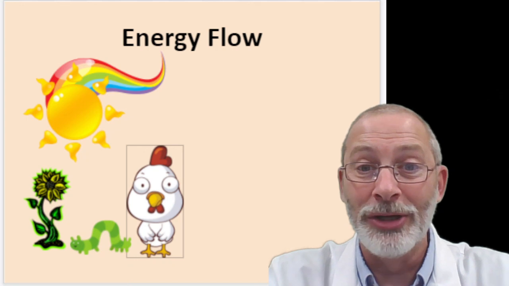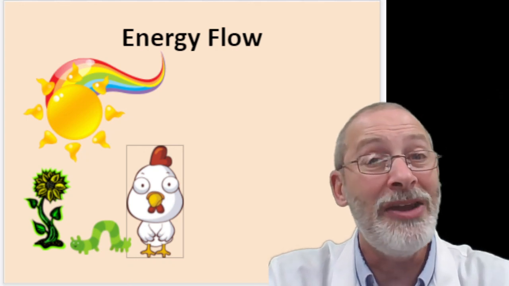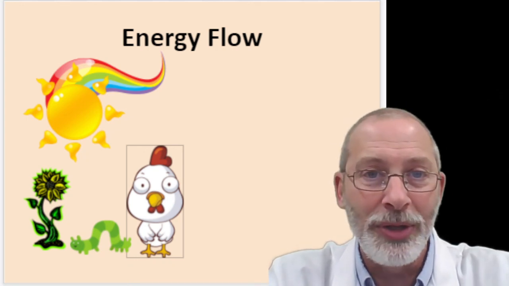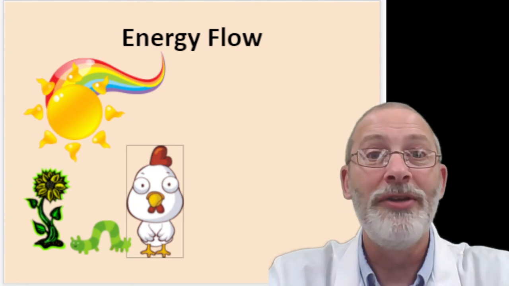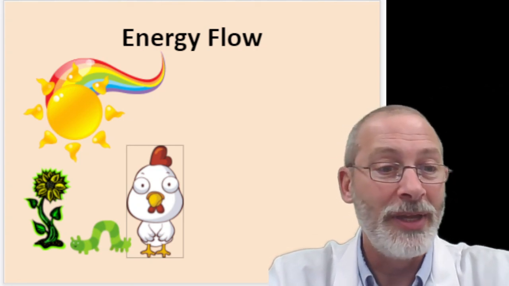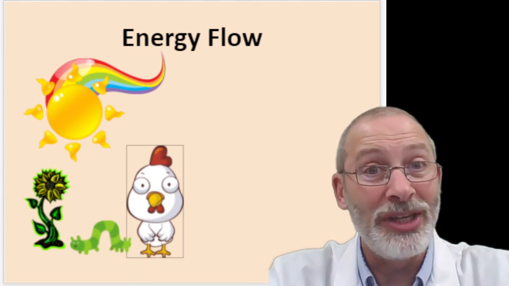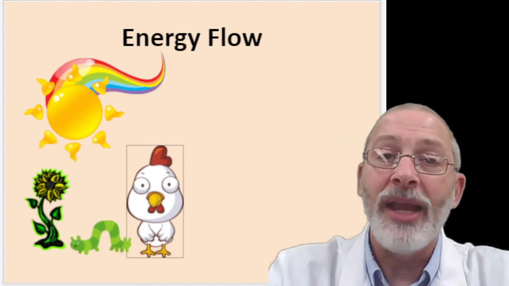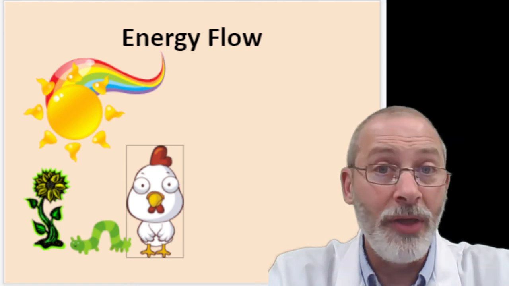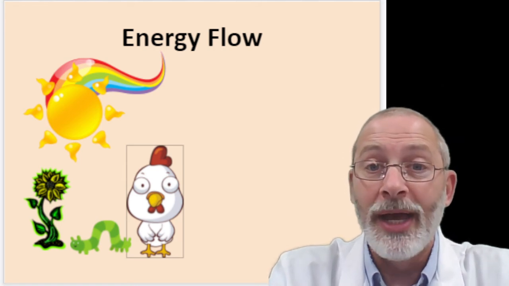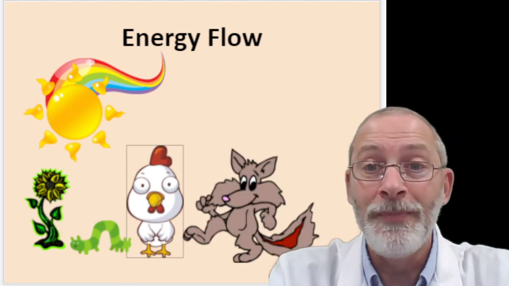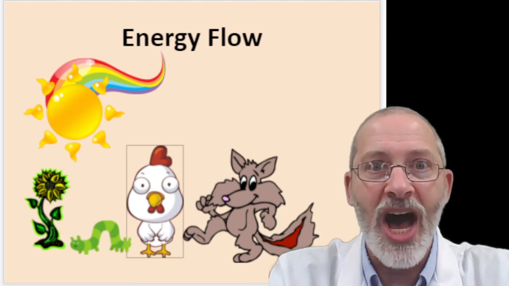That hungry little chicken will consume the energy from the caterpillar that got the energy from the plant, etc., etc. Now, who doesn't like some Kentucky Fried Chicken? Yum, yum. But in nature, there are other predators to chickens as well, like the fox.